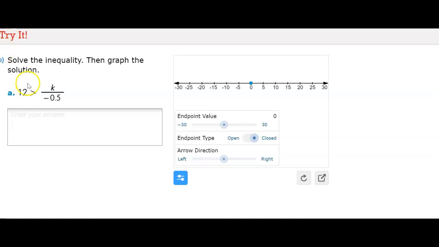Now let's try solving the inequality and graphing it. So we're going to get k by itself. We have to multiply by the -0 and 5/10. And so we do that on both sides of the equation, or sorry, inequality.